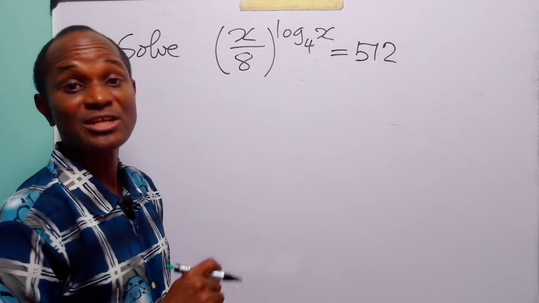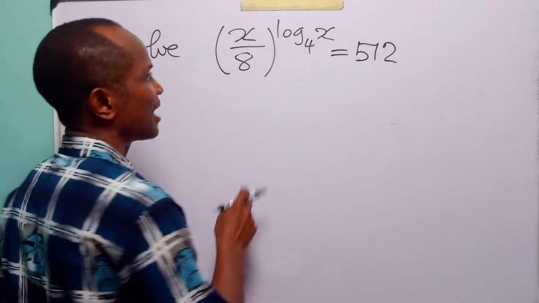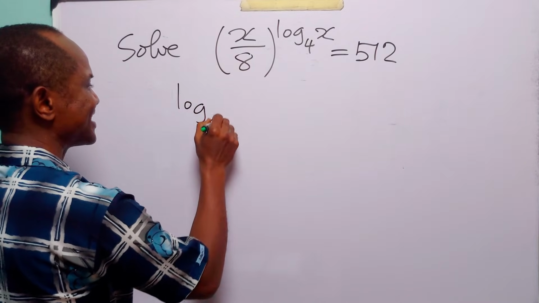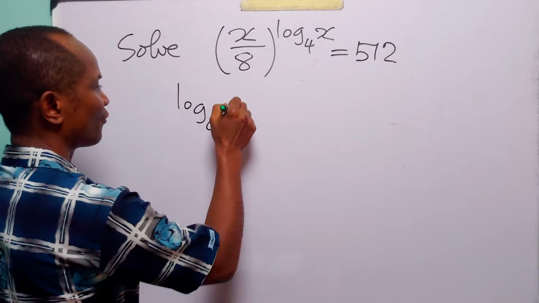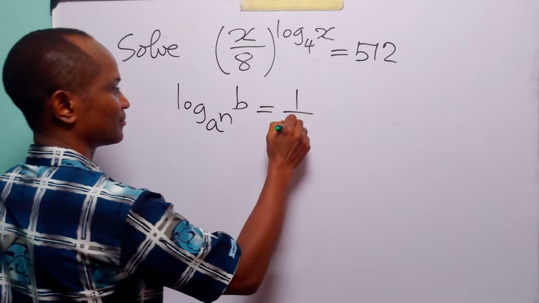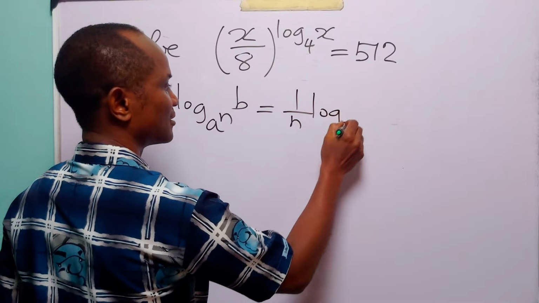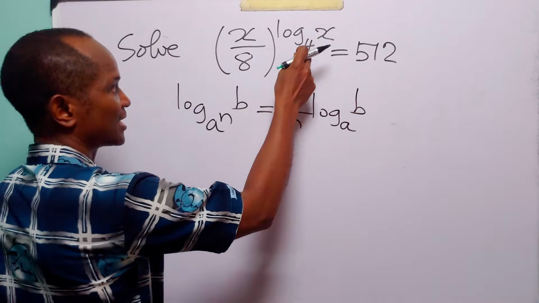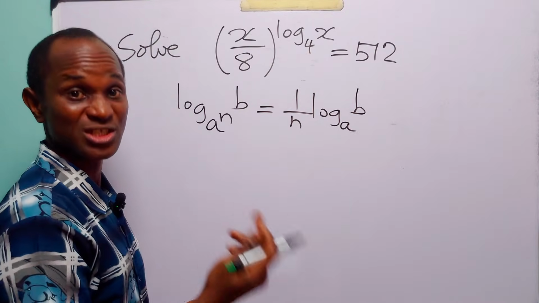So, from our change of base formula for logarithms, we have the following identity: log to base a to the power n of b is equal to 1 over n times log to base a of b. Now, of course, you know that 4 is equal to 2 squared.